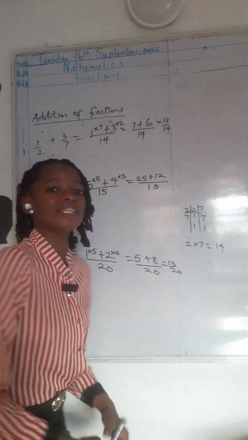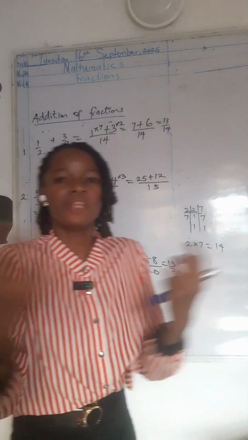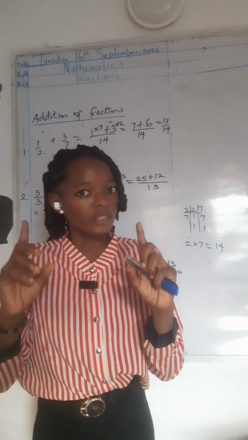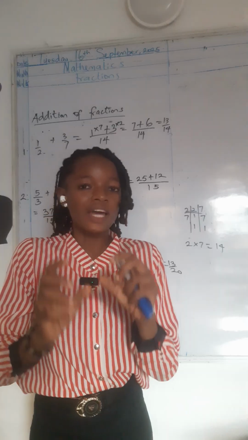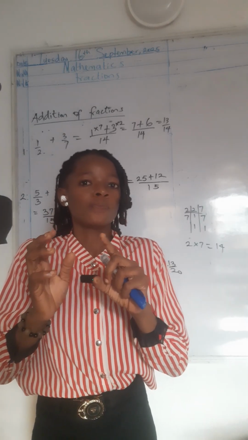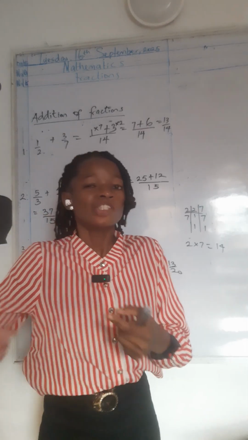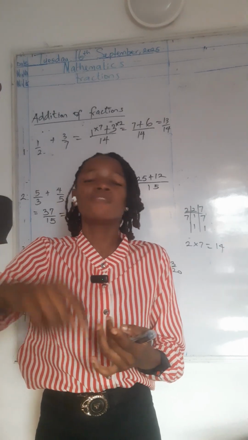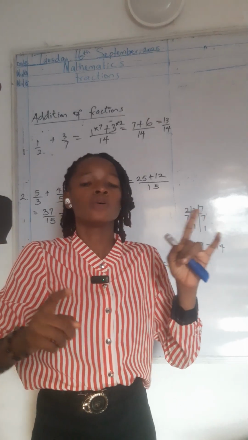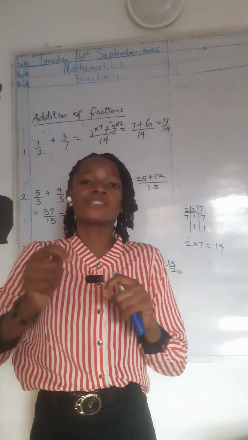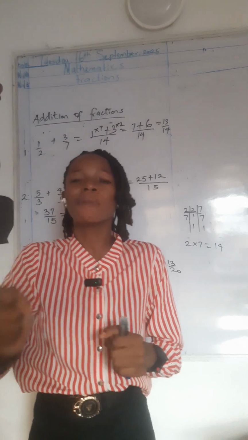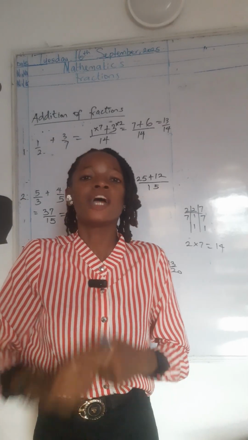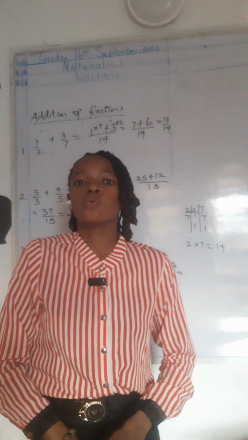If you notice that the denominators are not the same, don't just multiply like that. Check again. If there's something that can divide, don't use this method. But if you check and you notice that nothing at all can divide the numbers completely, then you can multiply the denominators.